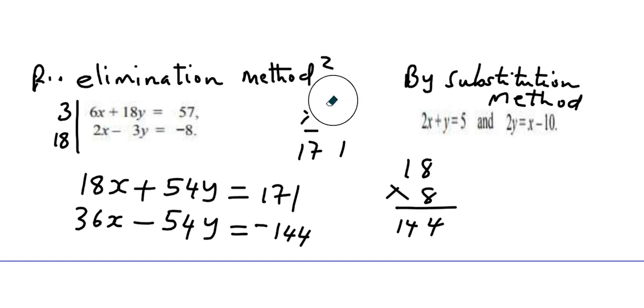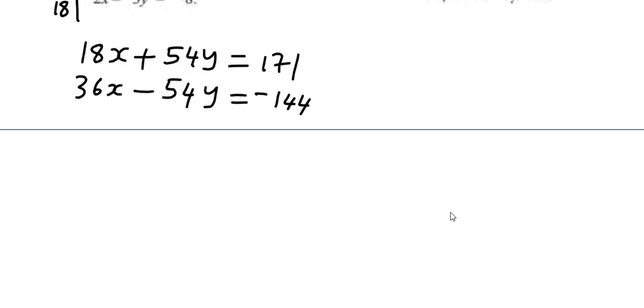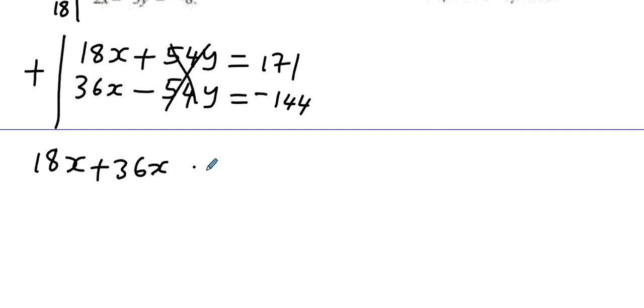So we are good to continue. These are same numbers on y, different signs, add. When you add, y will be cancelling. Then you have 18x plus 36x equals 171 plus negative 144.